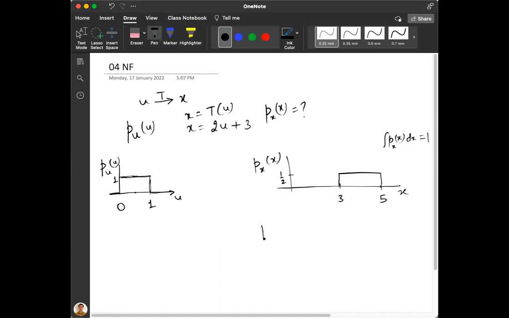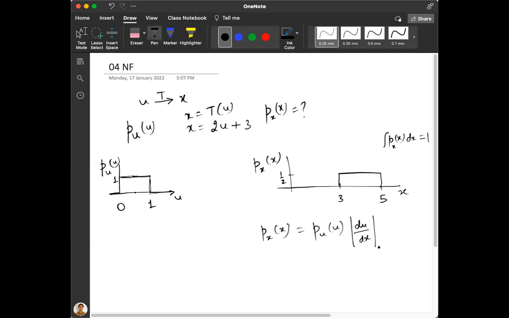How will you do that? p_x(x) is equal to p_u(u) times the modulus of du by dx.